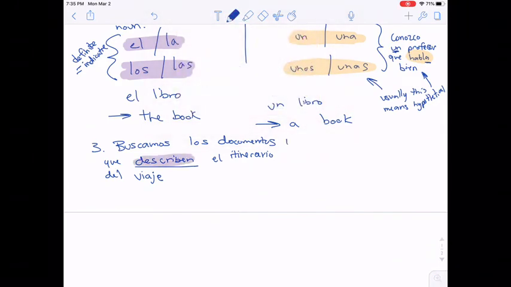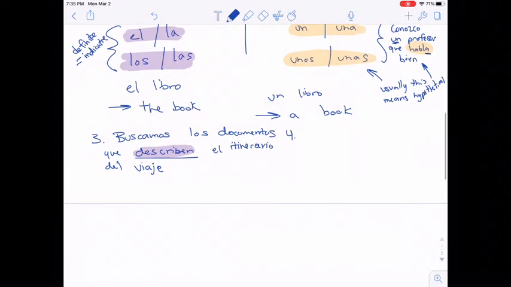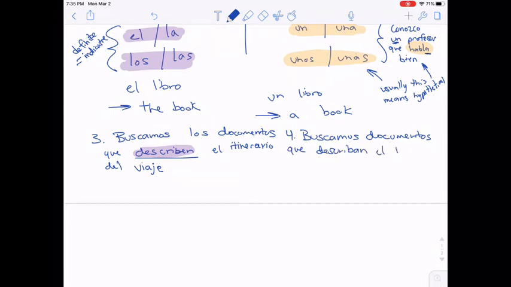And then 4, we'll do buscamos documentos que describan el itinerario.